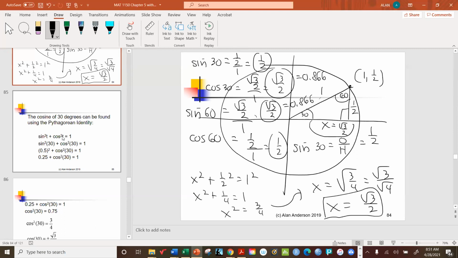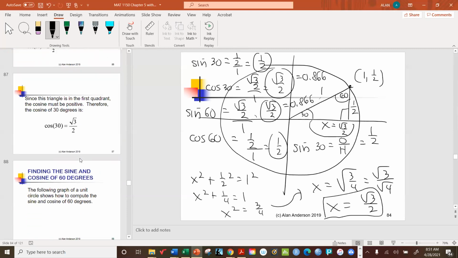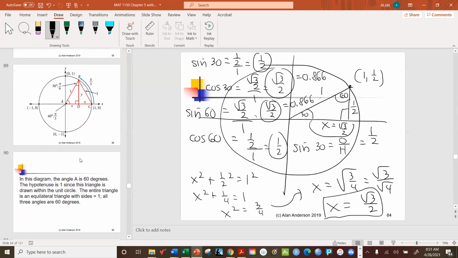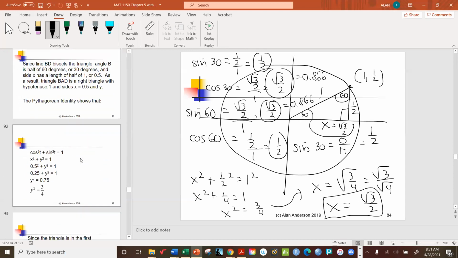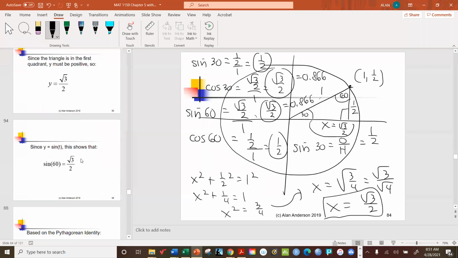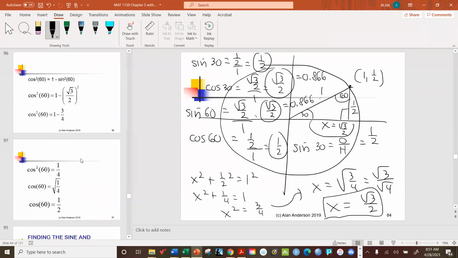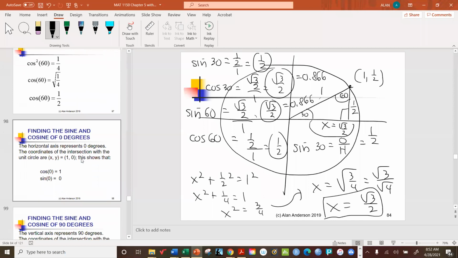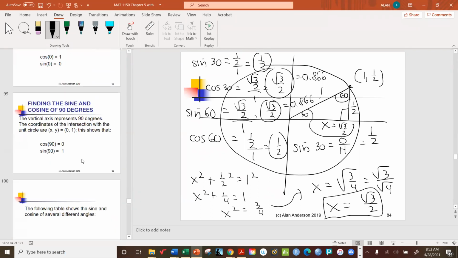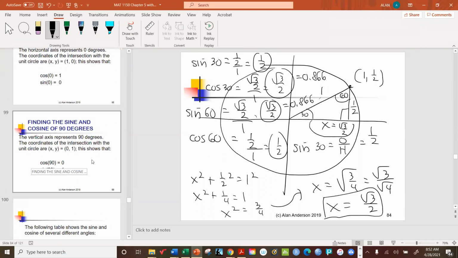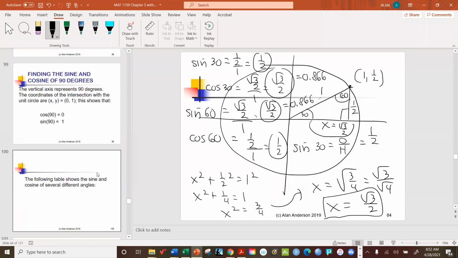We have a couple of special cases here. 90 degrees. Yes. What about 90?